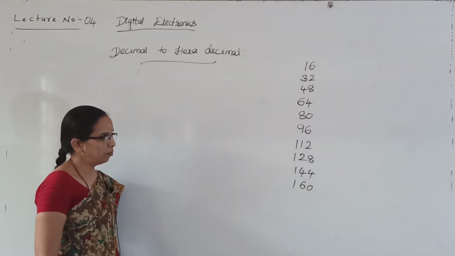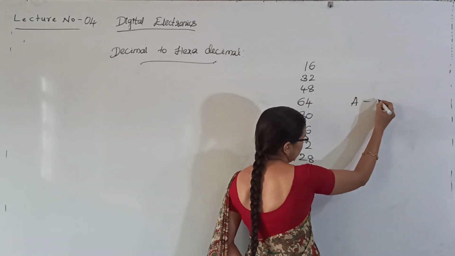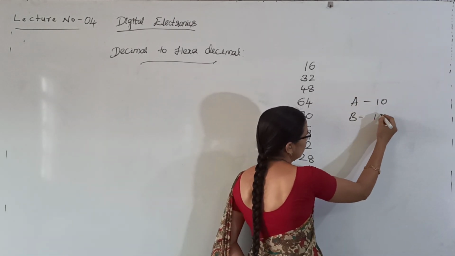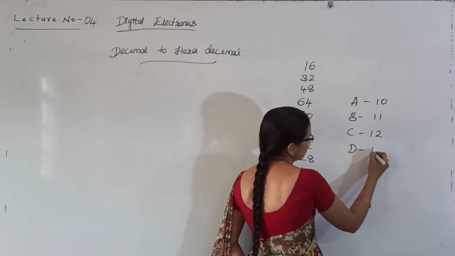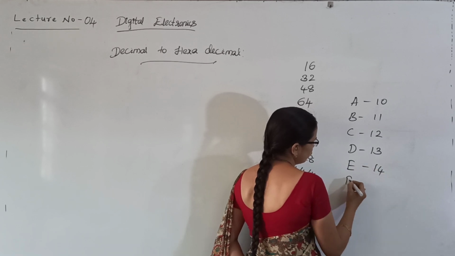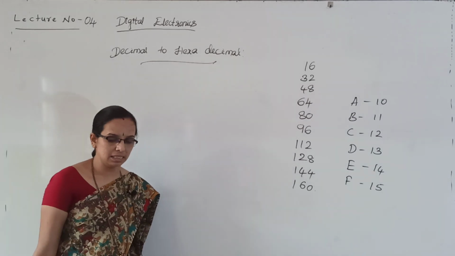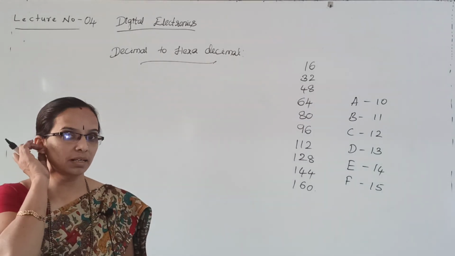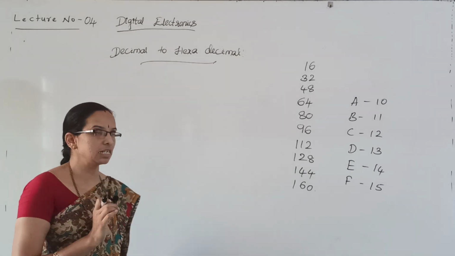So that will be remembered, and also you should be knowing A is 10, B is 11, C is 12, D is 13, E is 14 and F is 15. These are the extra 6 symbols used in hexadecimal apart from the 0 to 9 which are used in decimal.